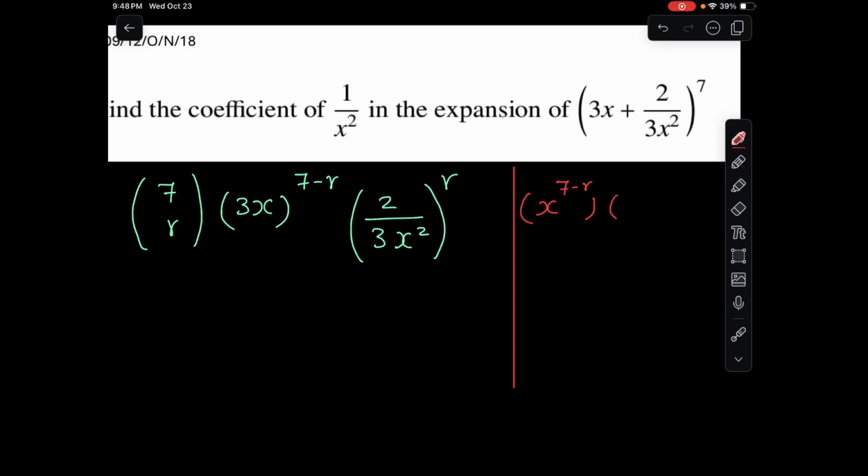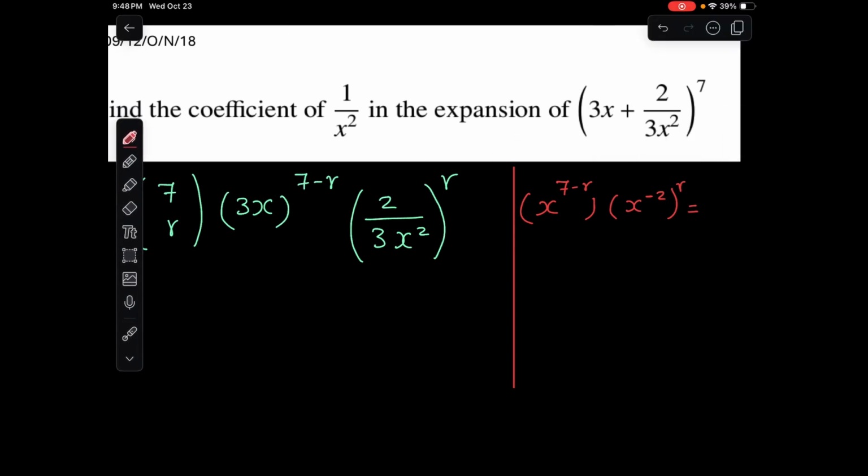So it's going to be x to the power of minus 2r is equal to, we are looking for the coefficient of 1 over x squared. So this is going to be x to the power of minus 2. Apply the rules of indices: 7 minus r minus 2r equal to x to the power of minus 2. Equate the coefficients. That gives me 7 minus 3r equal to minus 2, and 9 is equal to 3r, or r is equal to 3.